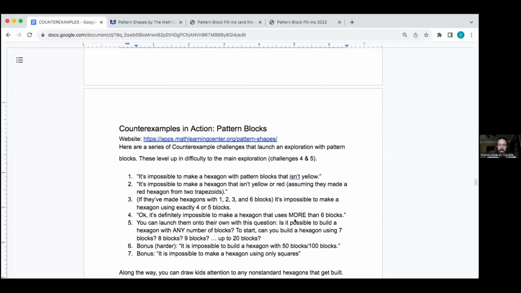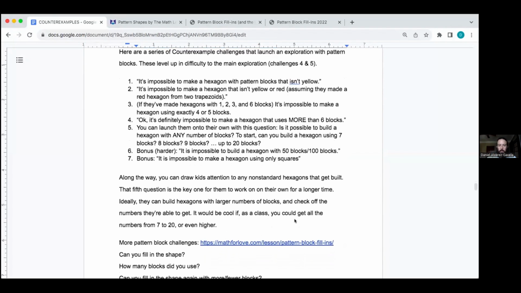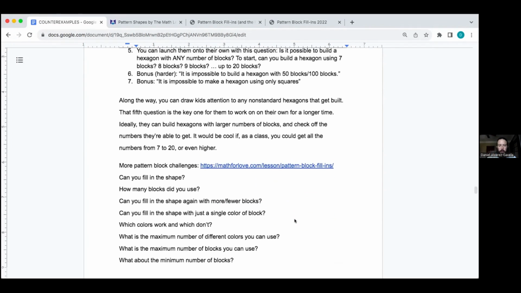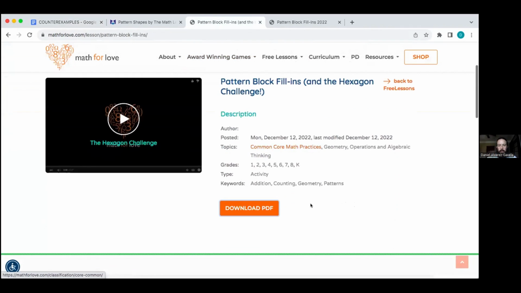So anyway, that's a fun little activity. There's more pattern block challenges on this website that I also have linked. So this is the website.